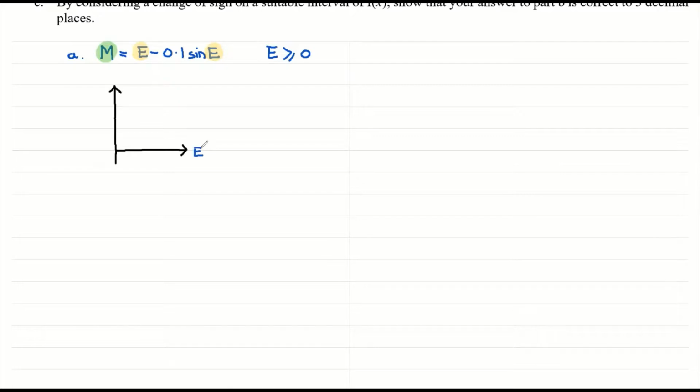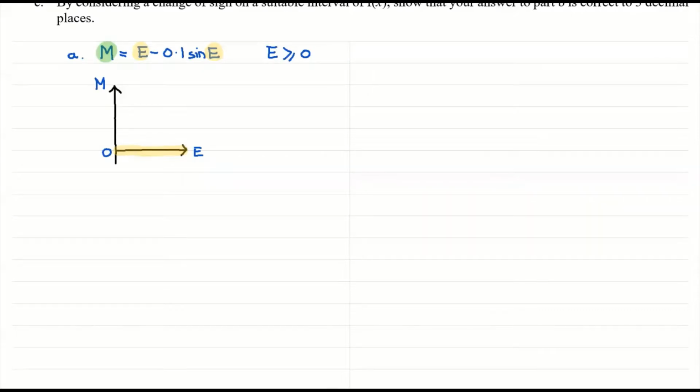This is where we would plot the eccentric anomaly, because this is the independent variable, and m would be the vertical axis, the dependent variable, and you have the origin there. And E is only defined for positive values, so you'd only have the positive branch of the E axis or the x-axis.